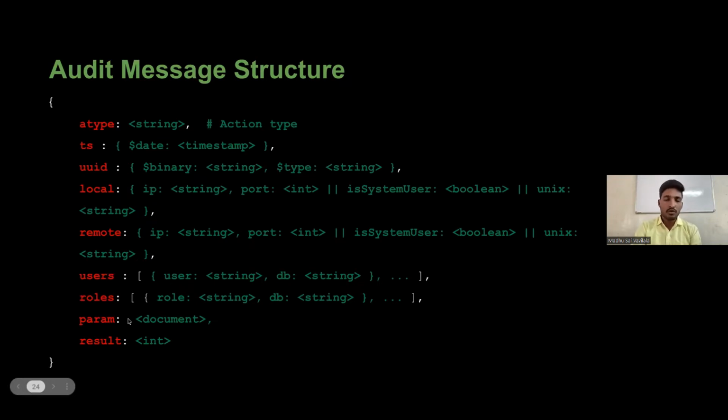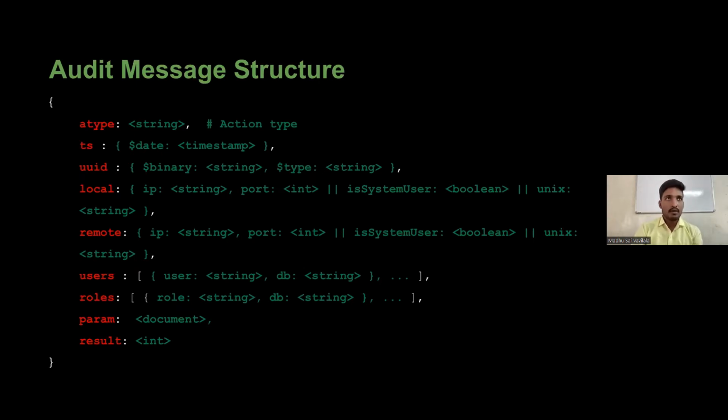If the user is doing read operations, then it will first collect the command, whether he did a read or write command, find or count, and then it will collect the namespace. Later it collects the arguments.